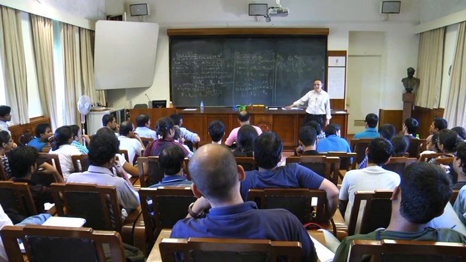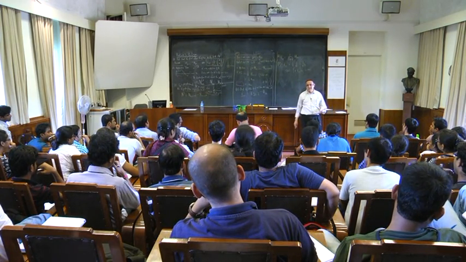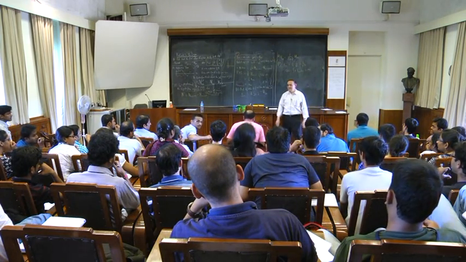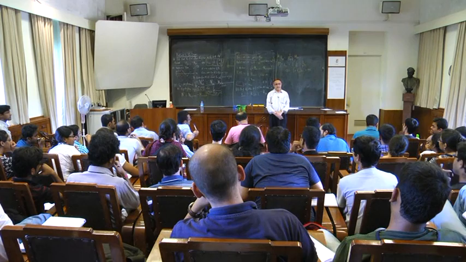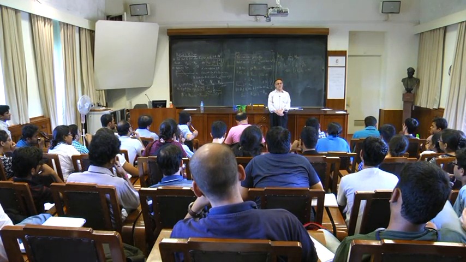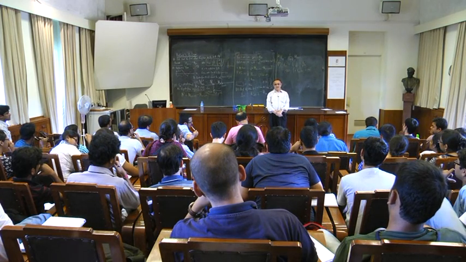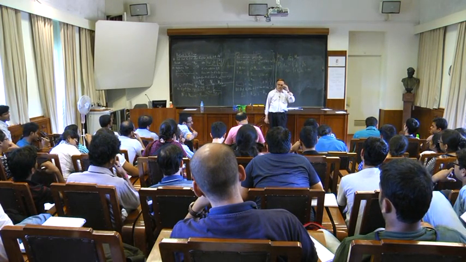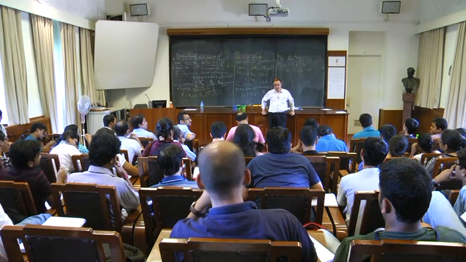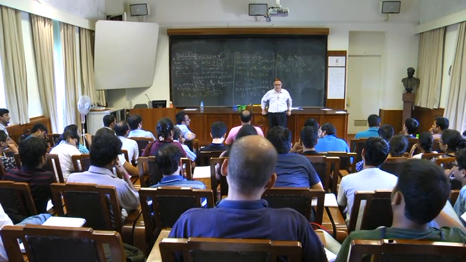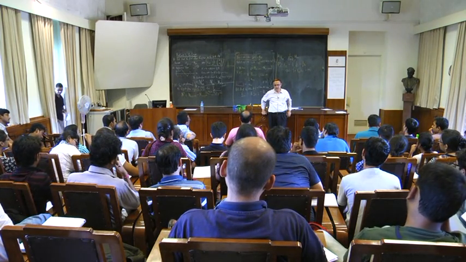Therefore, yes? Argument is not clear? How do we make it clear? See, the average time of return to the origin is infinite. Suppose you grant that. For the first time. We are asking only for the first time.